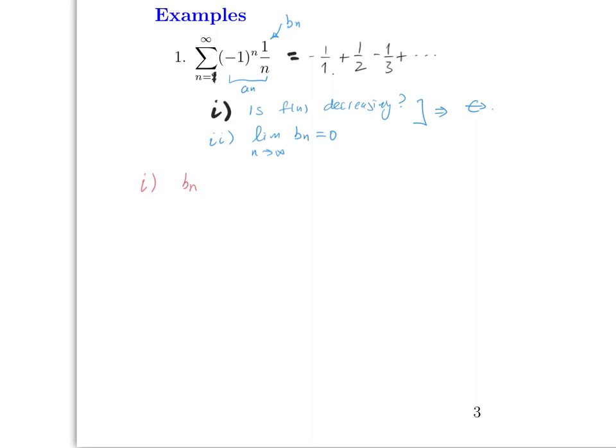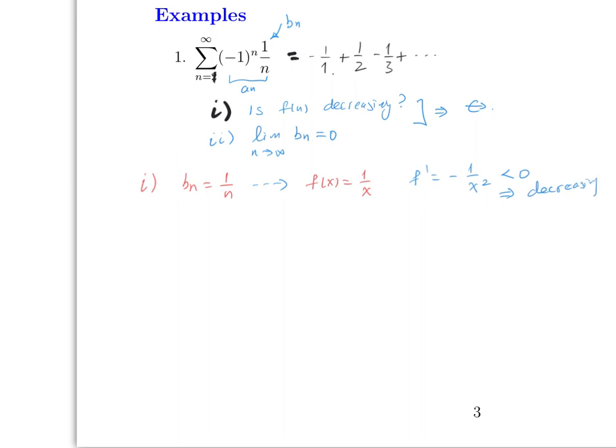So in our case, let's check the first part. bn here is equal to 1 over n. How do we know that bn is decreasing? Well, there are two ways to do it, but the easiest way is to use calculus and change it to a continuous function. If you find the derivative, it is always negative, which means it's decreasing.